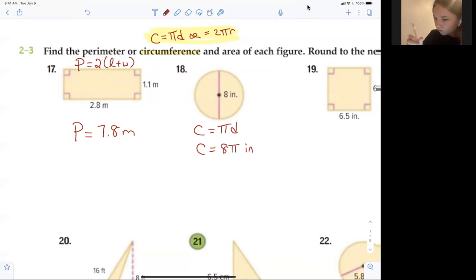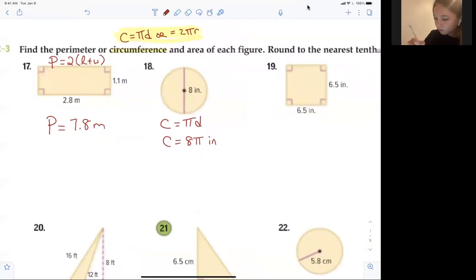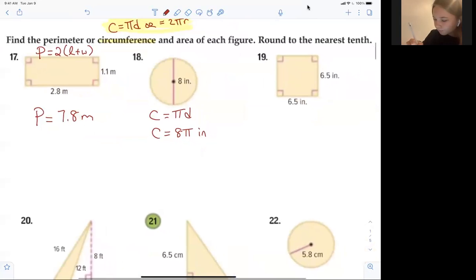Notice the directions say round to the nearest tenth. As you become more advanced, we do not round. So the correct answer is just 8 pi. We know pi is roughly 3.14, and everybody can do 8 pi on the calculator, but we don't need to. We want the exact answer. That's why we write fractions. We try not to round.